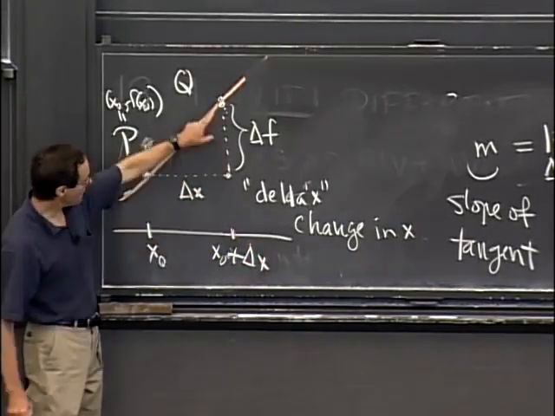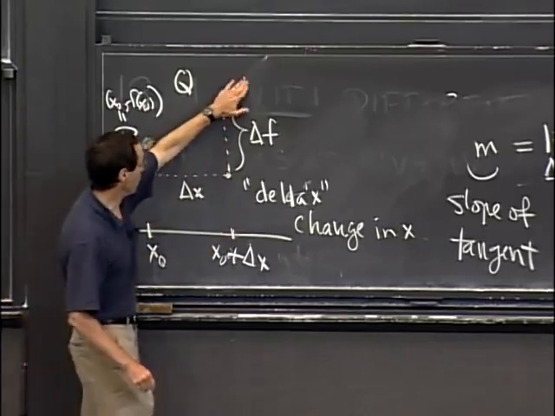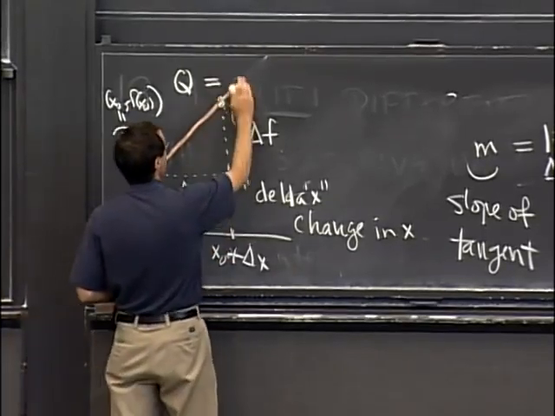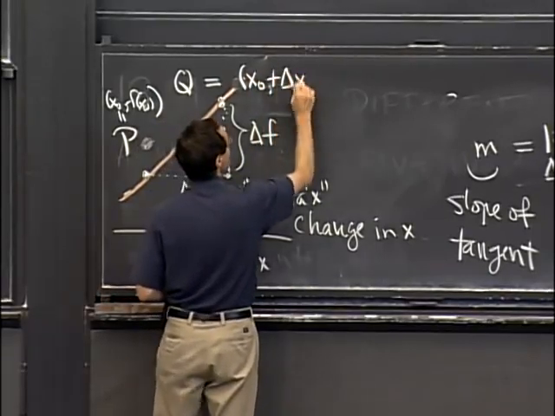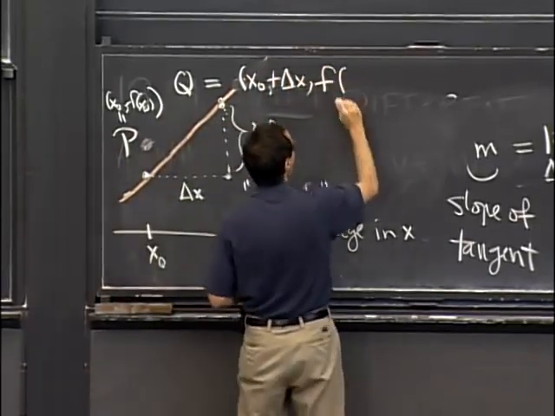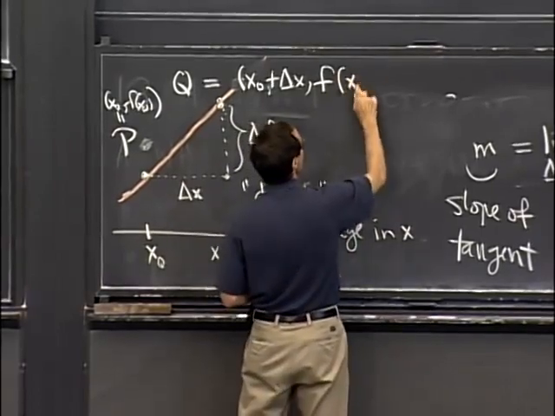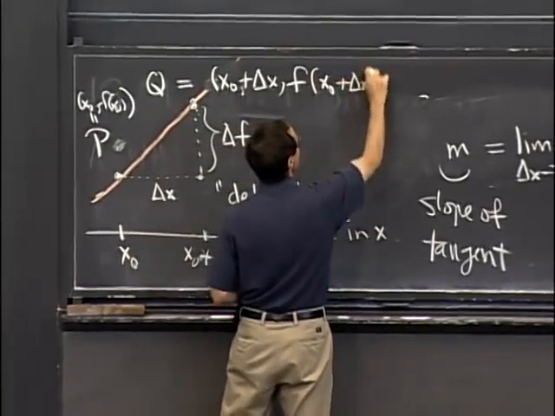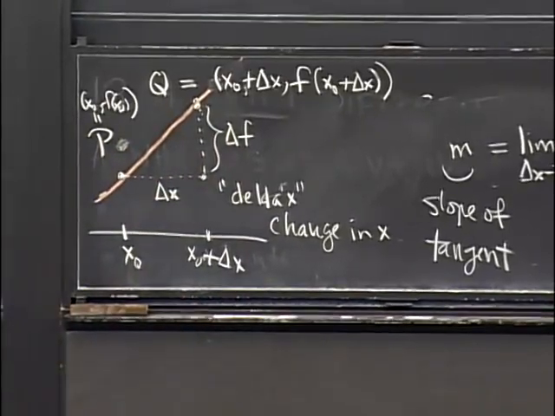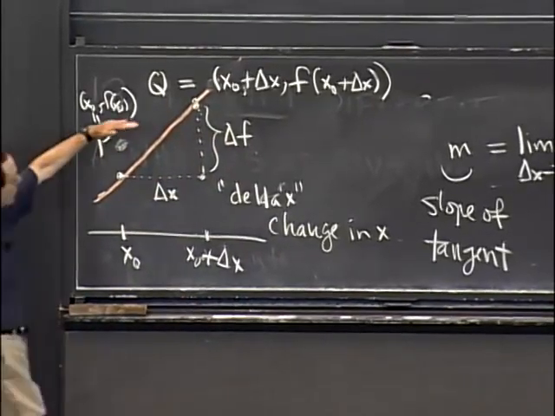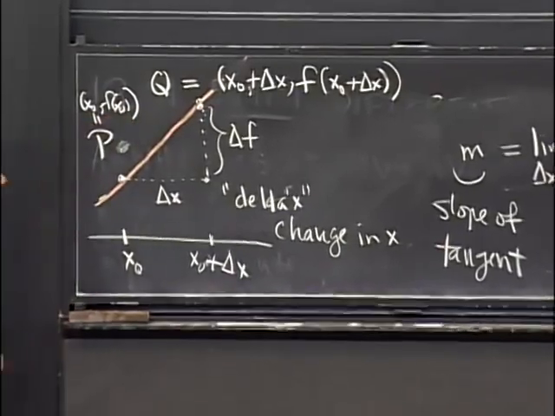And so the point above that point has a formula, which is x0 plus delta x, f of, and this is a mouthful, x0 plus delta x. So there's the formula for the point Q. Here's the formula for the point P.